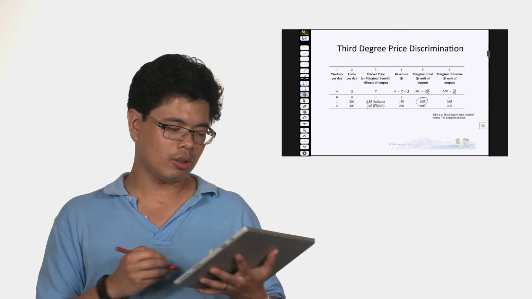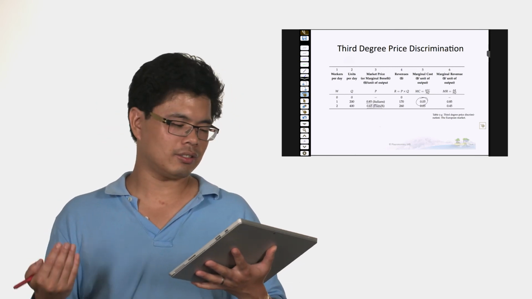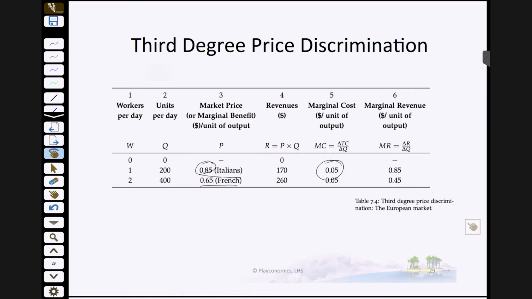The price I would charge Italians is 85, for the French it's 65, but how should I produce for this market? Should I produce at all, and if so, how far should I go? If I set the price at 85, all the Italians will come, and that's good because 85 is greater than 5 cents, so I would make a profit.